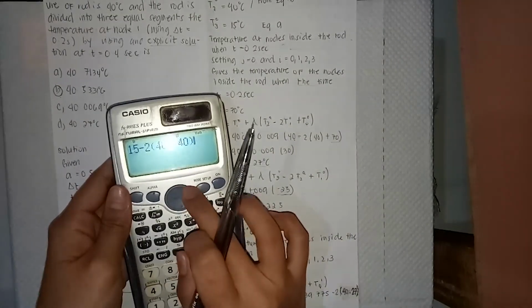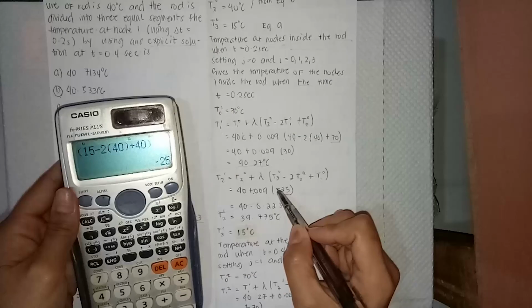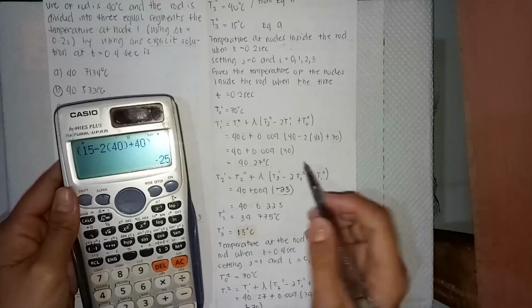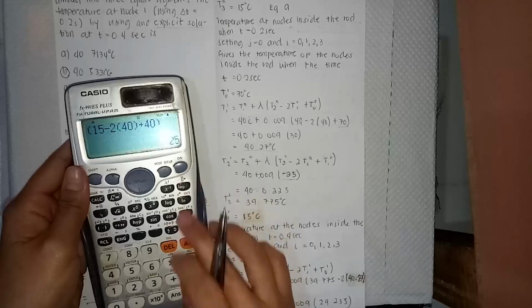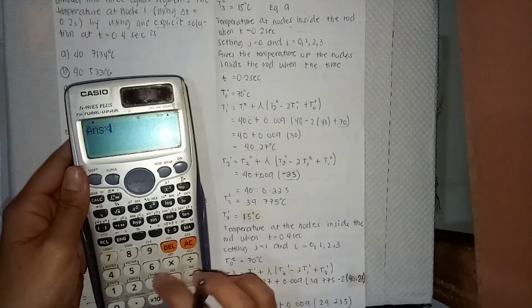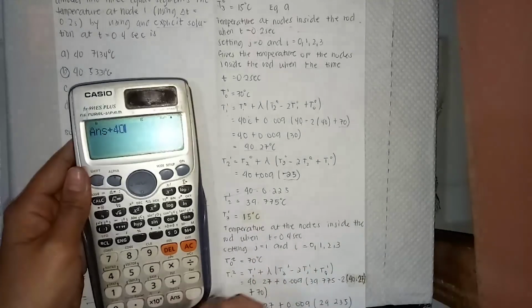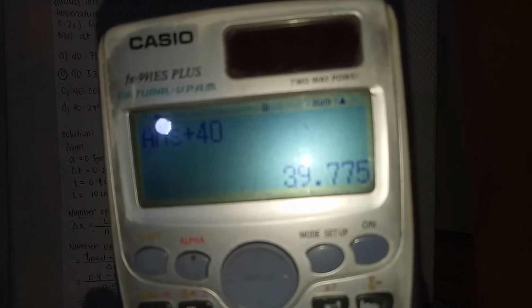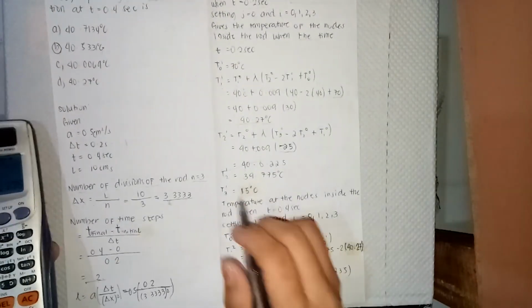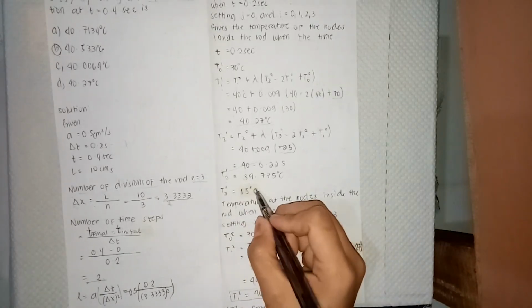So we will get the answer of negative 25. Then we need to multiply by 0.009 plus 40. So we will get the answer of 39.775 for our temperature at node 2. And then our temperature at node 3 is still the same, 15 Celsius.